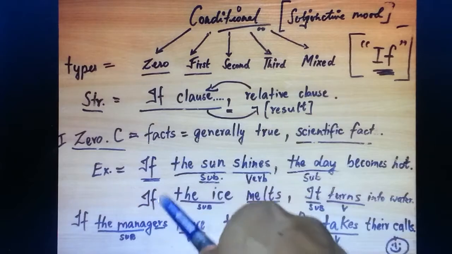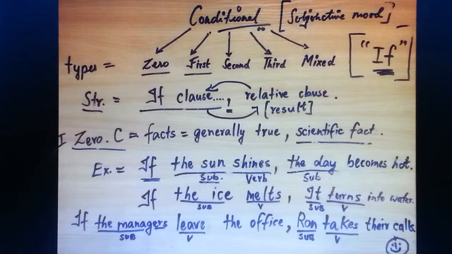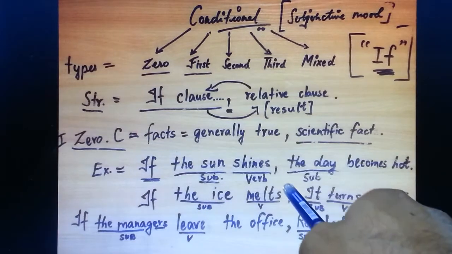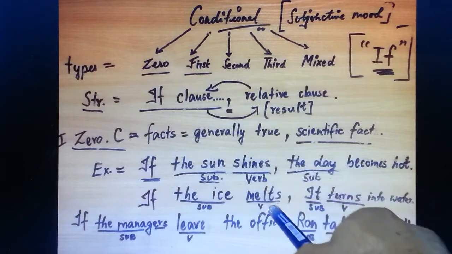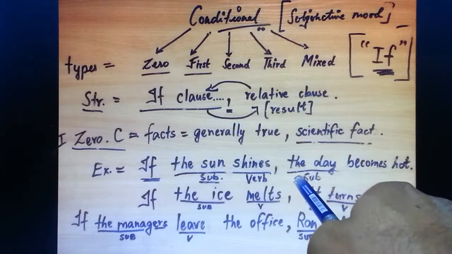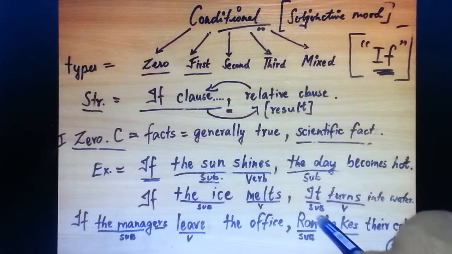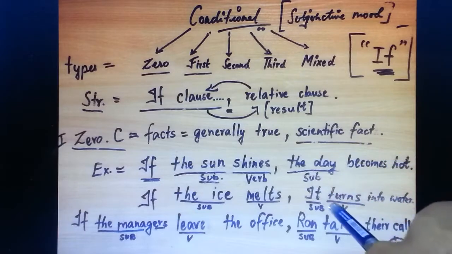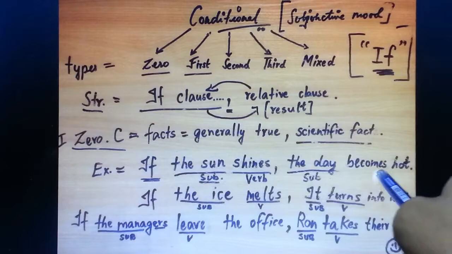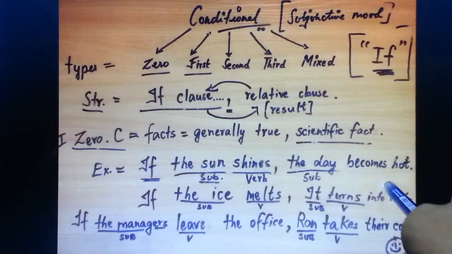Now look at the sentence. If plus present simple tense sentence, we see the subject is singular. That is why the verb melt has an S in the end. And here is present simple once again. We see it is a subject which is singular, and here please pay attention, this is not a verb, this is a phrasal verb. I just gave an extra example so that I could use a different form here.